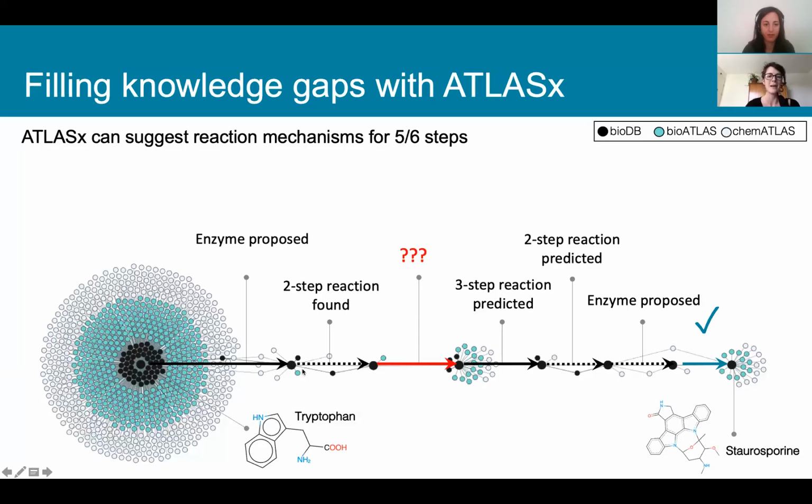In the second step, we found a 2-step reaction from another database, actually. Or sometimes we found 3-step reactions, or we just found a potential enzyme. There was also one step where ATLAS-X was like, well, I don't know, which also means that it's not yet the final solution, but we need more effort to figure out what is going on.